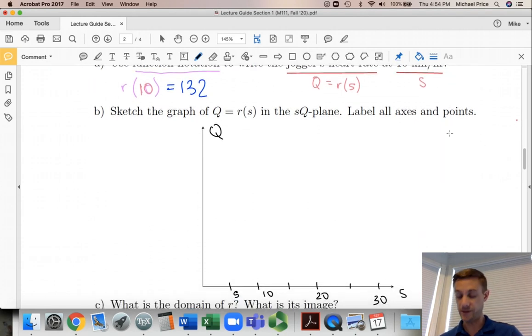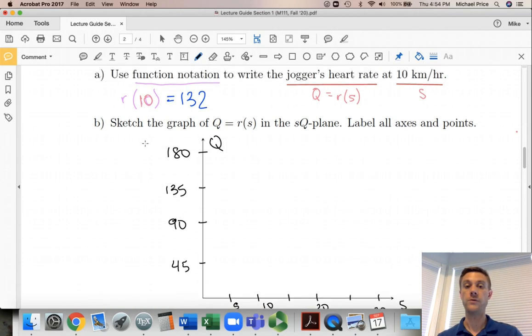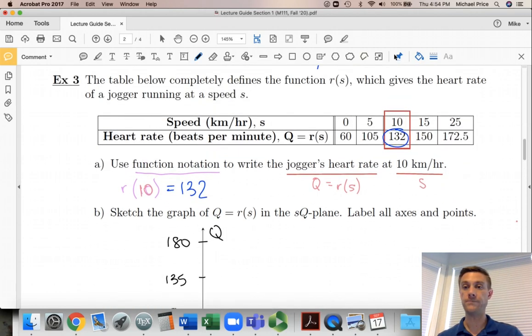I don't really want to label 172. Maybe we'll go up to 180, and then we'll just kind of cut it into pieces. So half of that is 90, and then maybe we can make some little halfway values. Right, so this is not unique, but it will allow us to get all of our function graphed in this one little area.